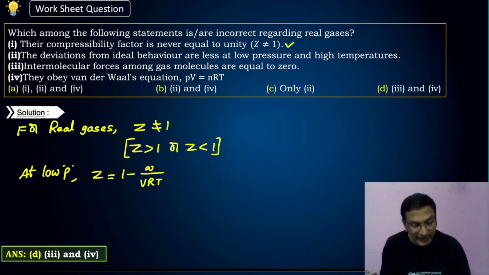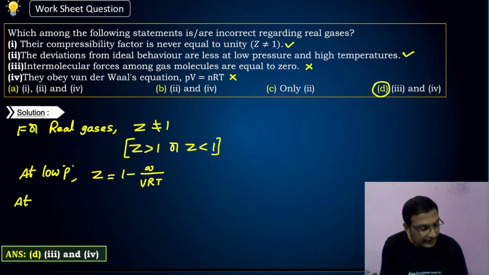In case of ideal conditions, intermolecular forces will be 0. In case of real conditions, attractive forces will be present. Therefore, this one is wrong. Next, they obey van der Waals equation PV equal to nRT. This is obviously wrong. Therefore, 3 and 4 are incorrect. Option D.